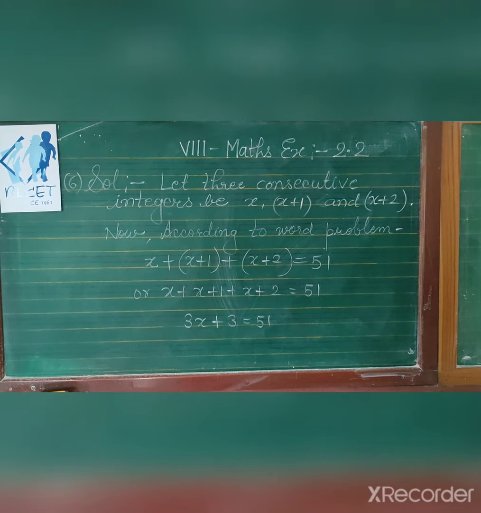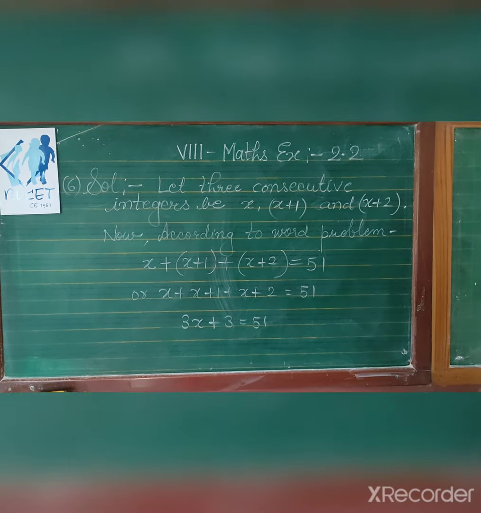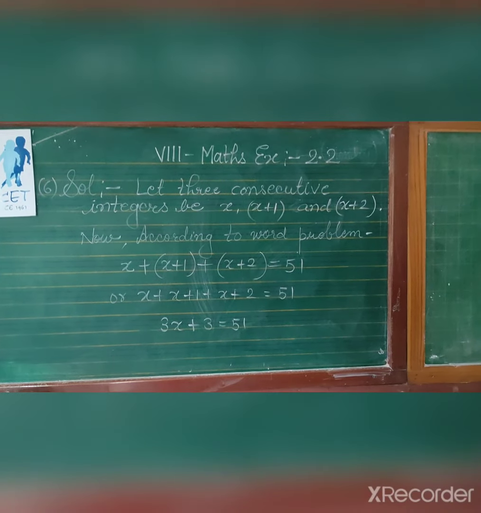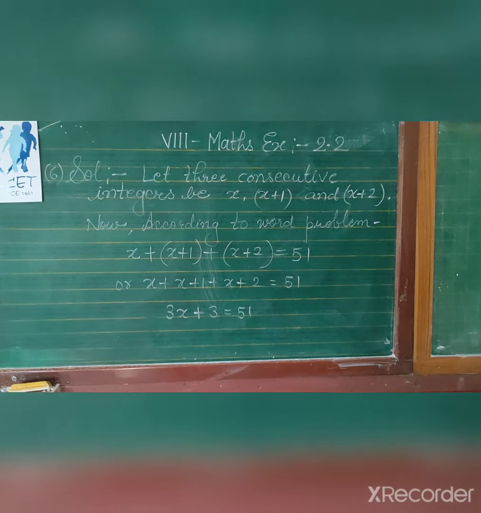After 3, or after 2, 2 plus 2. So any three integers we will assume x, x plus 1 and x plus 2. So let us start. Let three consecutive integers be x, x plus 1 and x plus 2. You can assume x minus 1, x and x plus 1 also.